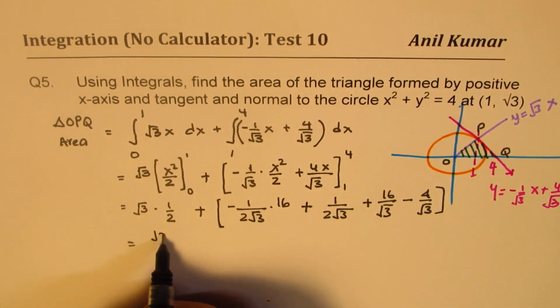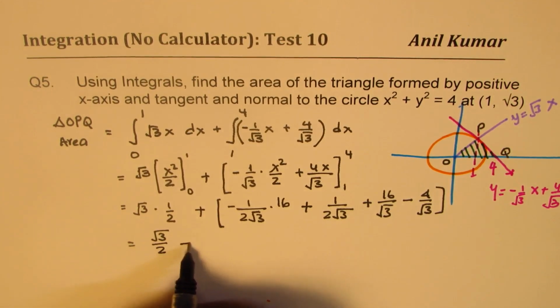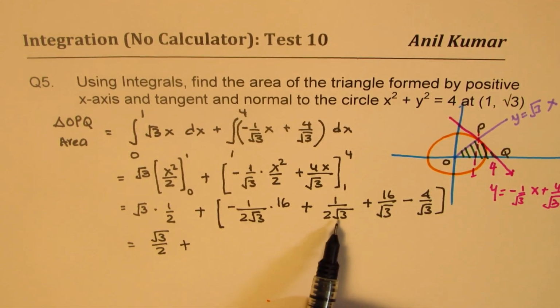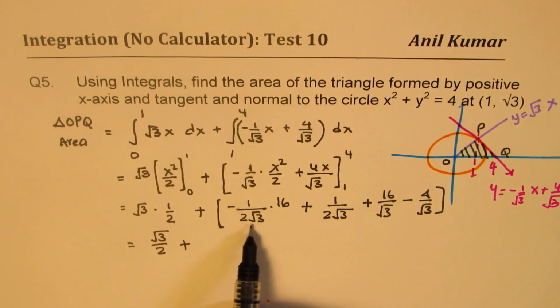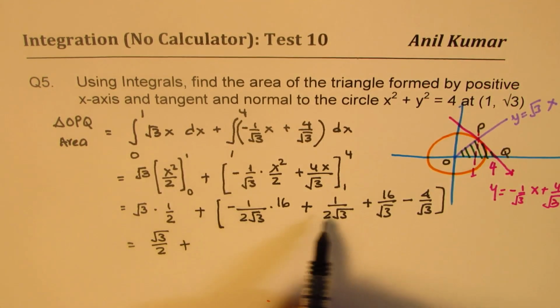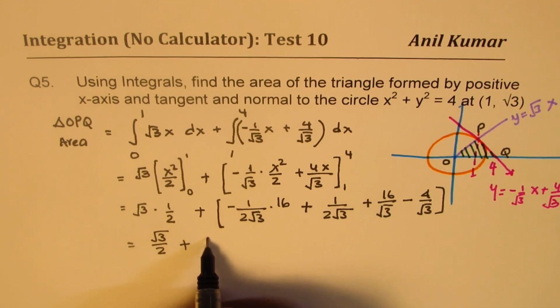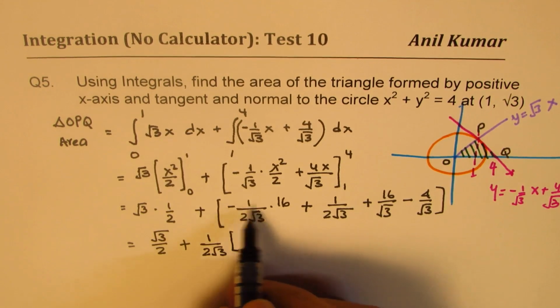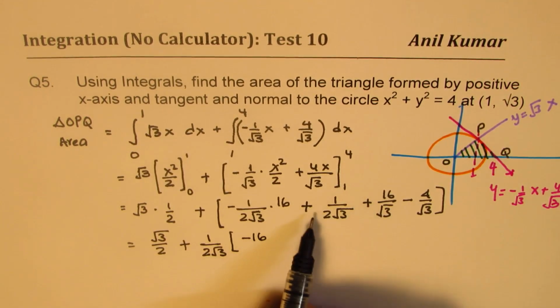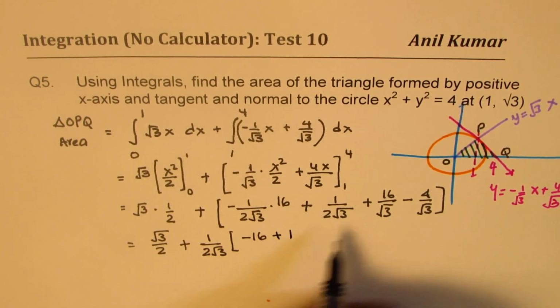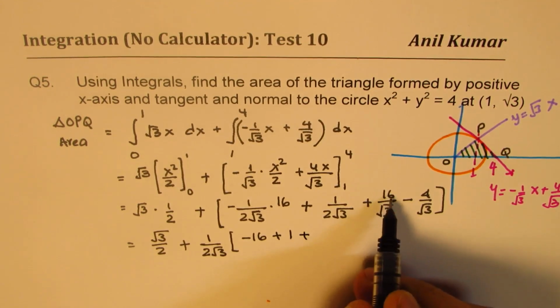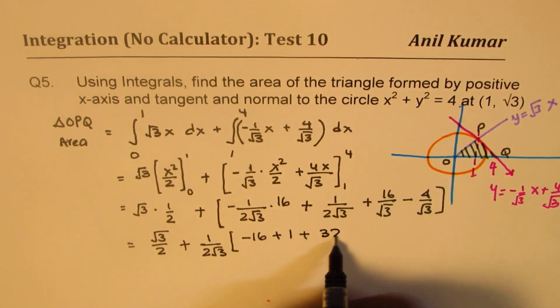So we get here square root 3 over 2 plus, we can take 1 over 2 square root 3 common, right? And then we'll add all those other terms. So we'll take 1 over 2 square root 3 common. So we have minus 16 here, plus 1. Here we get plus 2 times 16, which is 32.